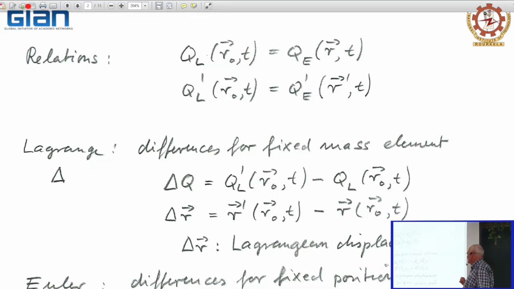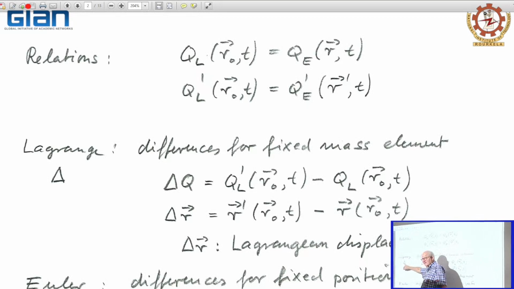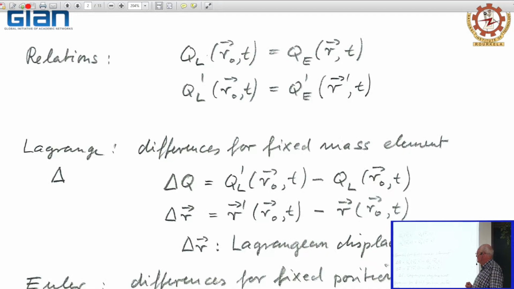Lagrangian always refers to a fixed mass element, so it's denoted by capital delta. Delta Q is the quantity in the Lagrangian sense in the perturbed system minus the quantity in the Lagrangian sense in the unperturbed system. So it's QL dash minus QL, both taken at the initial position vector r0.